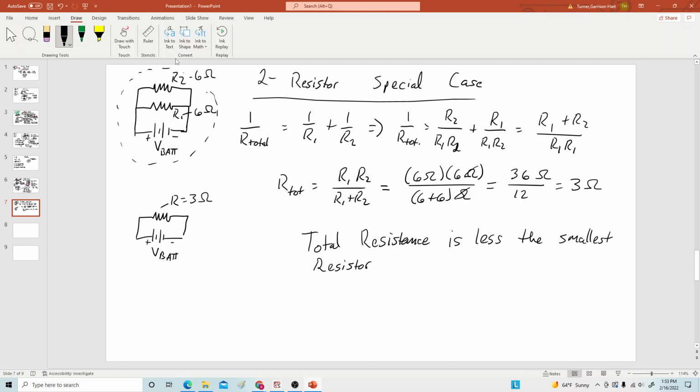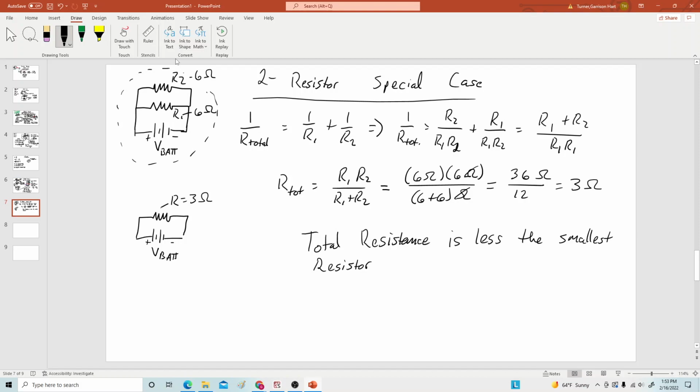Your total resistance is going to be less than your smallest resistor. And that is one of the special features of the parallel case. And this is general.